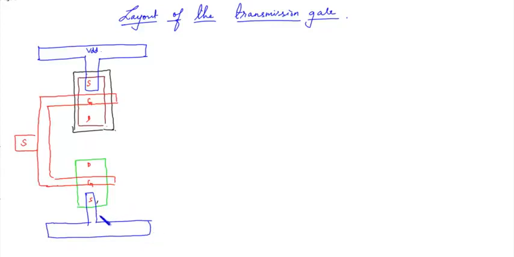The source of the PMOS is connected to VDD and the source of the NMOS is connected to ground. And just make it thicker, this portion.